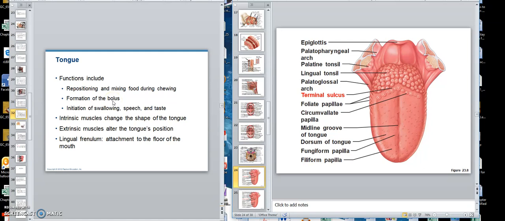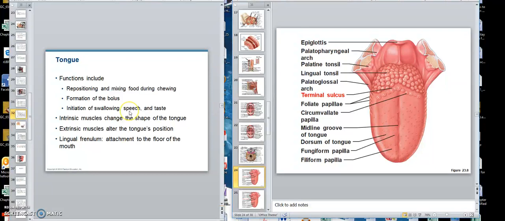When you put food in your mouth, you chew it up, and the food becomes a bolus. The teeth make the bolus, but the tongue helps modify the bolus and make it more rounded. Initiation of swallowing, speech, and taste.